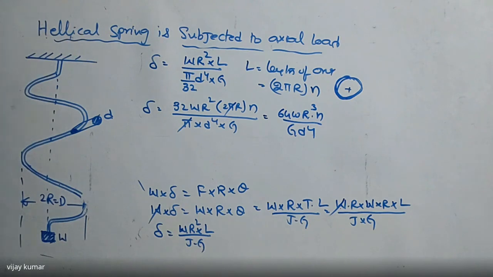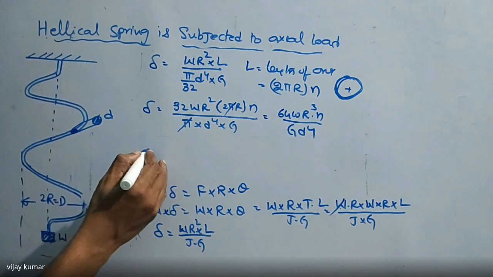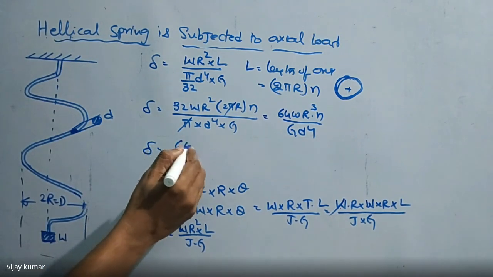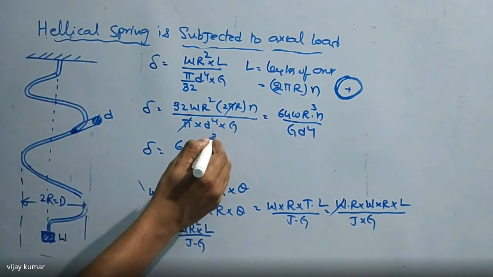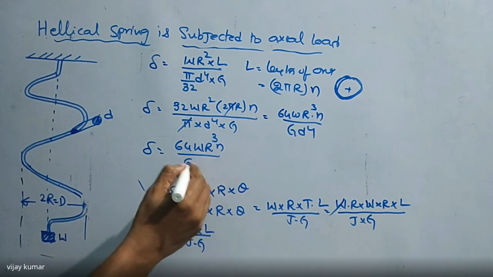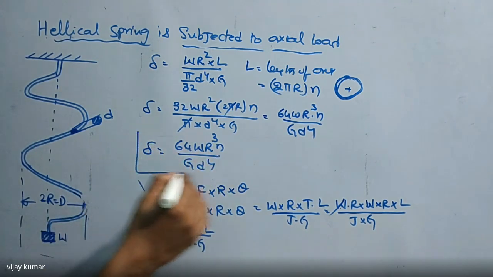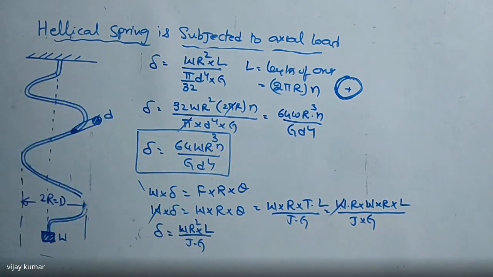So delta is equal to 64 W R cubed N by G d power 4. This is the value of deflection of the spring due to axial force. Did you get my point?